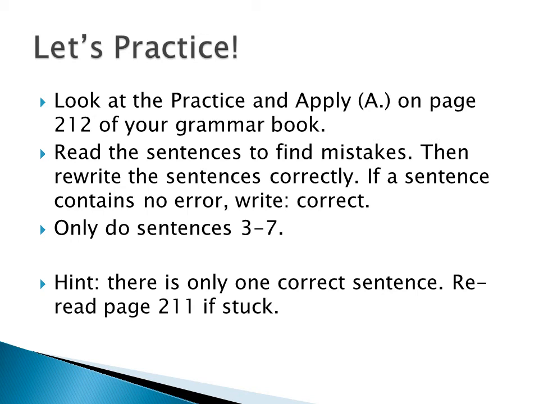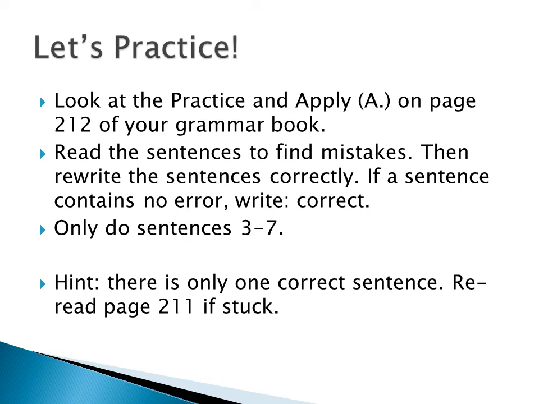I only want you to do sentences 3 through 7. And what I don't want you to do is write correct on every single one. Only one of those sentences is actually correct in problems 3 through 7, so you need to try really hard to find out which one that is. If you're confused about anything, you can go back to page 211 and look at some of those lessons that it gives you.